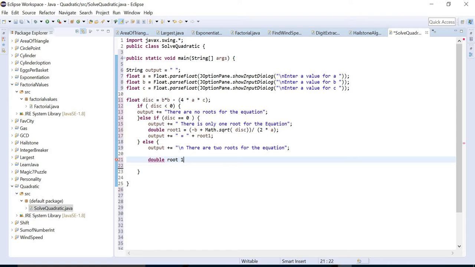root1 equals, then we do the same thing, negative b plus Math.sqrt. The Math has to be capitalized, because Java is case sensitive. Discriminant.